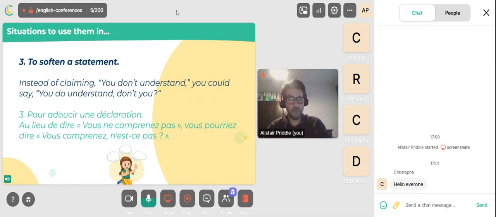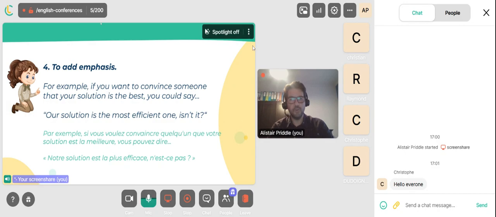Number 3, we can also use tag questions to soften a statement. Instead of claiming you don't understand, you could say, you do understand, don't you? A nice way to soften a statement.